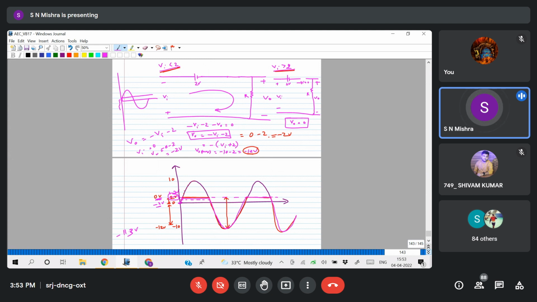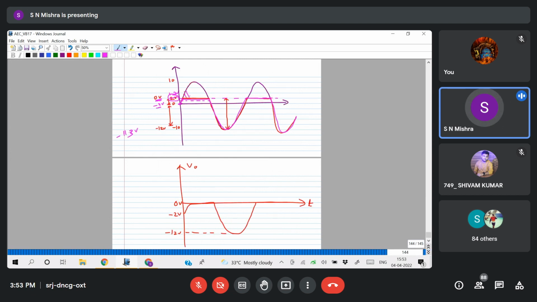If you do not visualize how much it is cutting, then it is very difficult to draw the waveform. Like here, it is cutting this portion. This portion is cutting, that's why I'm getting this type of waveform. But here the limit changes.